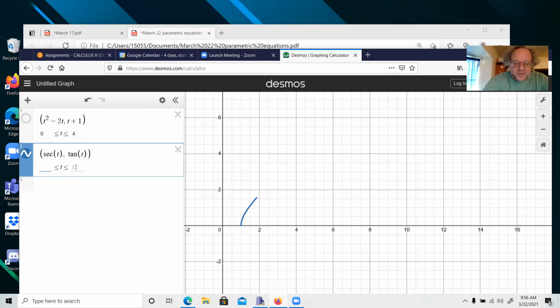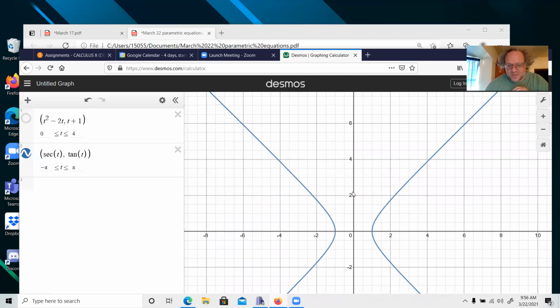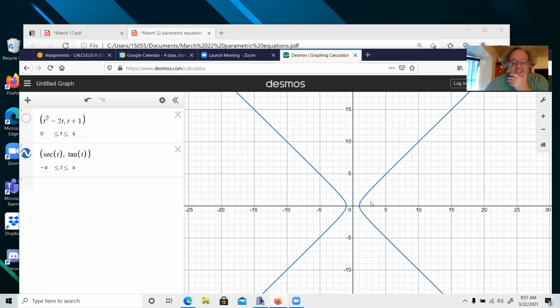So what if we go ahead and do something like from negative pi to positive pi? Kind of take a look at what's going on with that. So again, it's kind of a nifty little curve you can draw, and I encourage you to go into Desmos and mess around with a whole bunch of these things, because they really are kind of cool to play with. But realize that your calculator may not be the best tool for the job in graphing these.